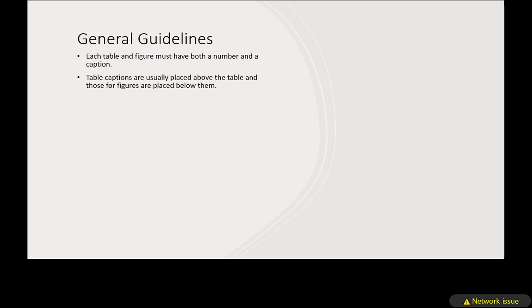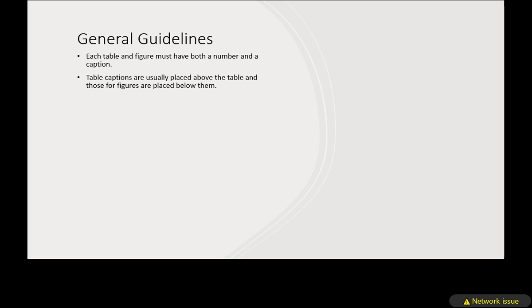So even if you did not discuss the figure or the table in detail, if I look at the title, I know what the figure or the table is about. Got it? But there must be a number and there must be a caption or a title. Both things are essential.